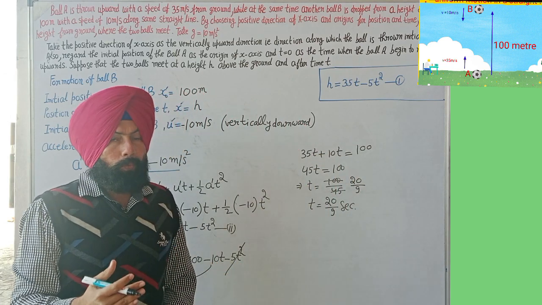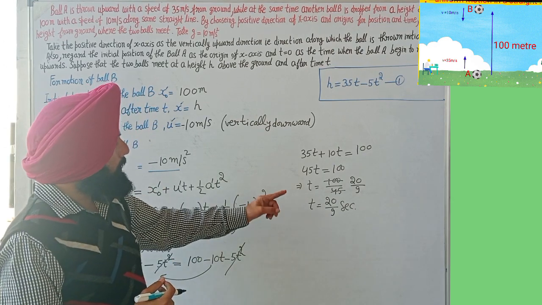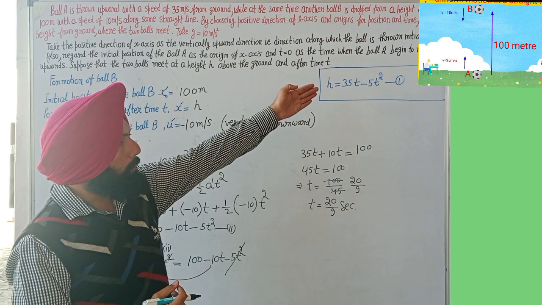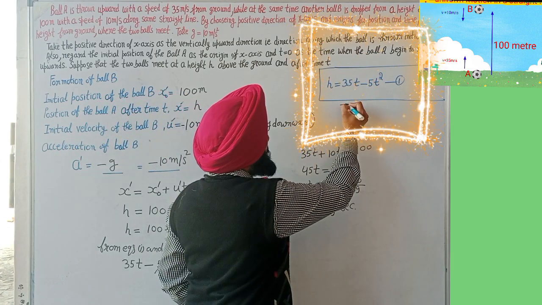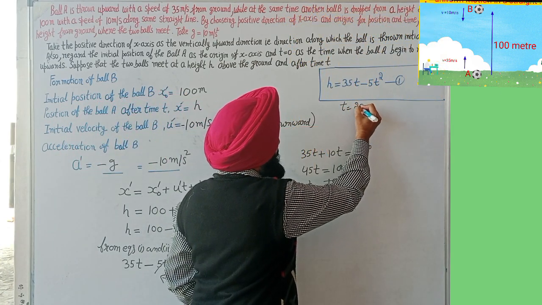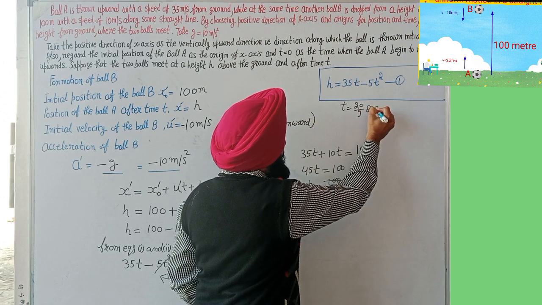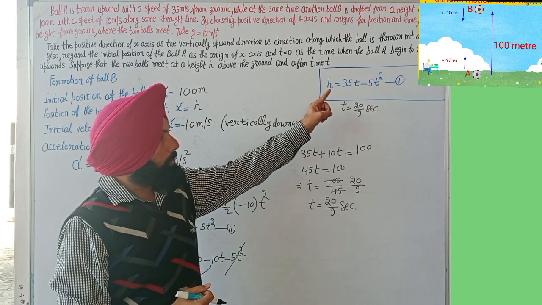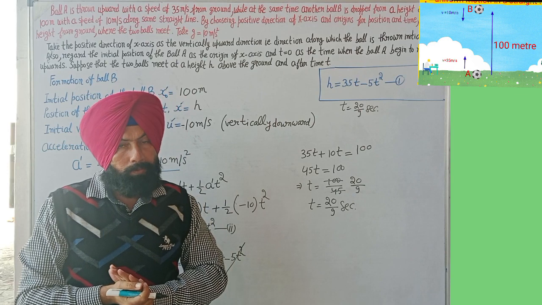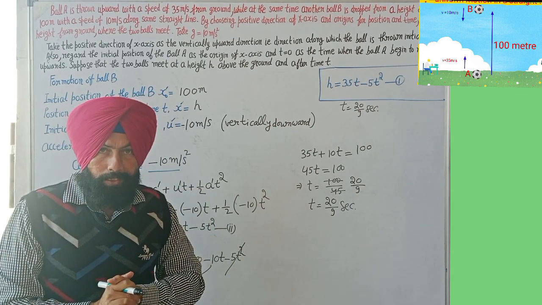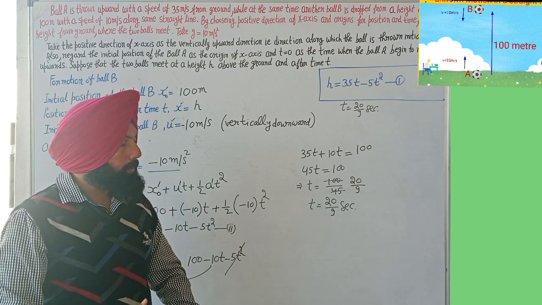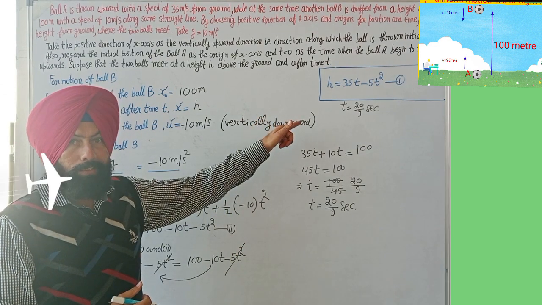Now we want to find the height. So put this value in equation number 1, that is time equal to 20 over 9 seconds. We will put it in equation number 1 and we will be able to find the height where the two balls will meet.